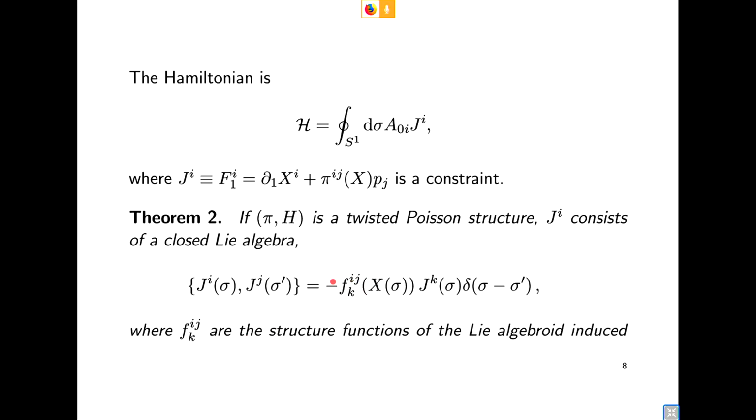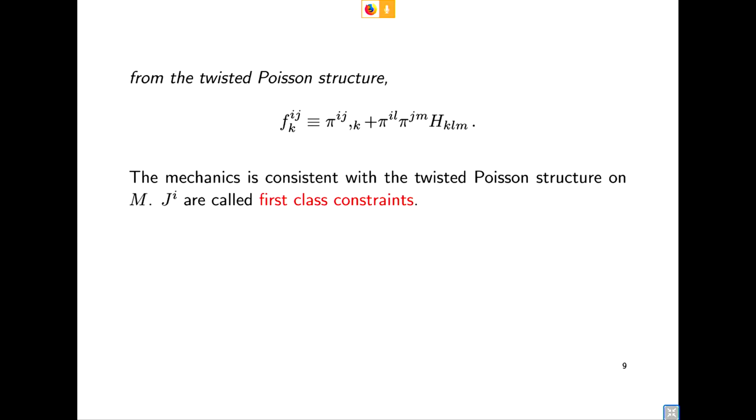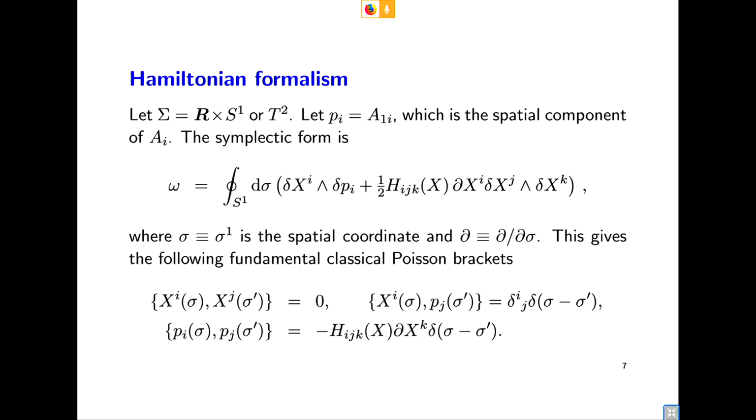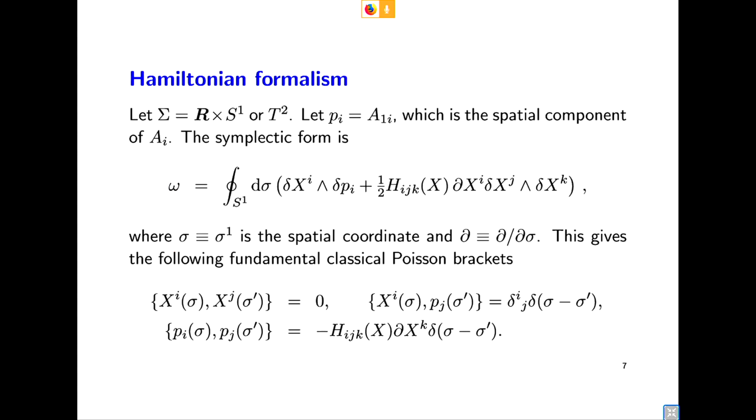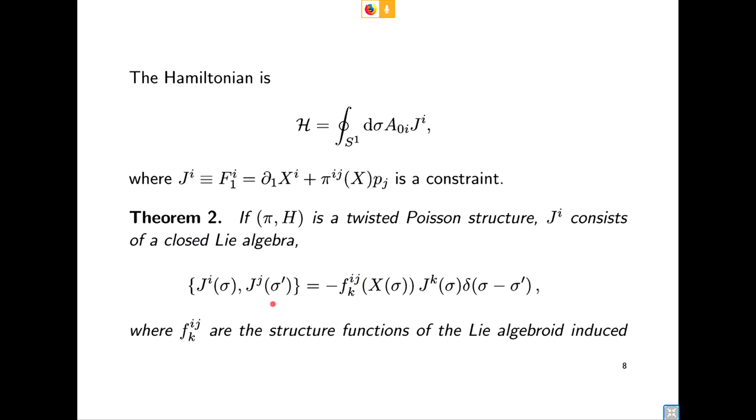Here Fijk is a structure function of the Lie algebra induced from the twisted Poisson structure, which I explained before. We can compute the structure function, not a constant, but a function of the base manifold X. This Lie bracket has a structure function, the Fijk which appeared here.